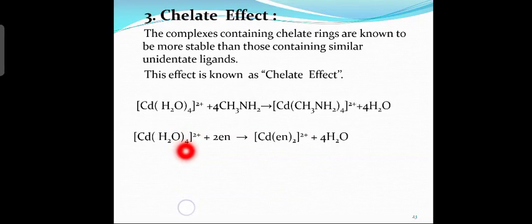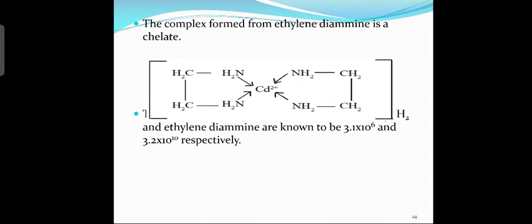So, this will combine with en, meaning ethylenediamine, giving Cd(en)2 2 plus plus 4 H2O. So, you can write the same complex in this form, okay, the chelatic complex, with cadmium at the center and 1, 2, 3, 4 amine ligands, NH2 attached to CH3 actually, but when you have a bond with the other one, you will have a CH2 group here, okay, like this.